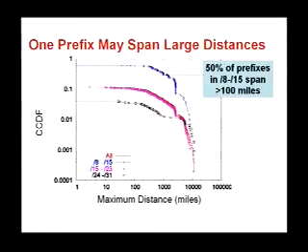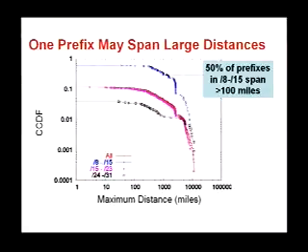Basically, along the x-axis is maximum distance. So that's the maximum distance between any two locations in a set of IP addresses within any one of those IP prefixes. And then the y-axis is the CCDF. So you can take any point on the x-axis and look at the point on the y-axis.